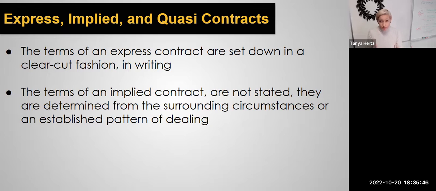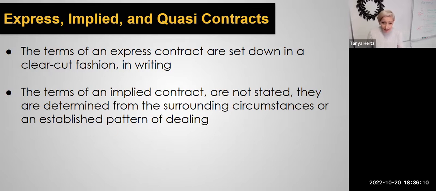So if somebody were to text you and say, please make me a sandwich, and you were to text back and say, okay, sounds good, I'll make you that sandwich for $10, that's a contract, and that's an express enforceable contract.